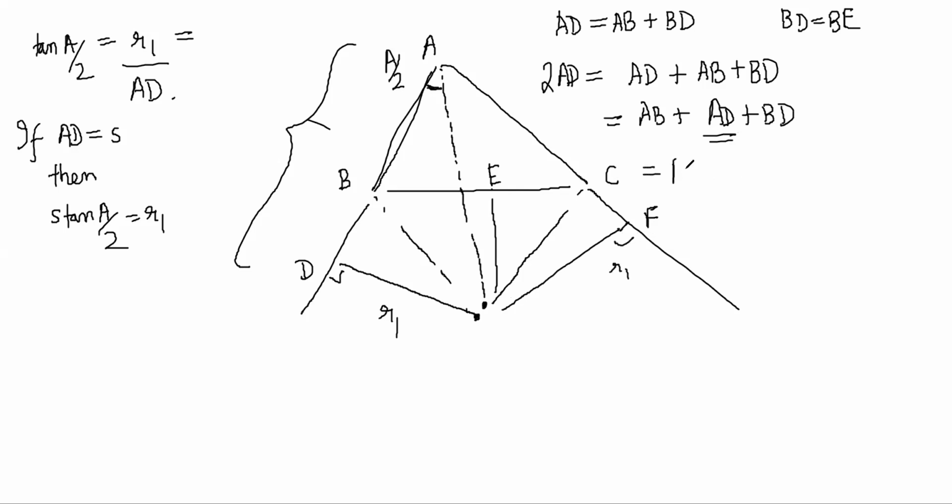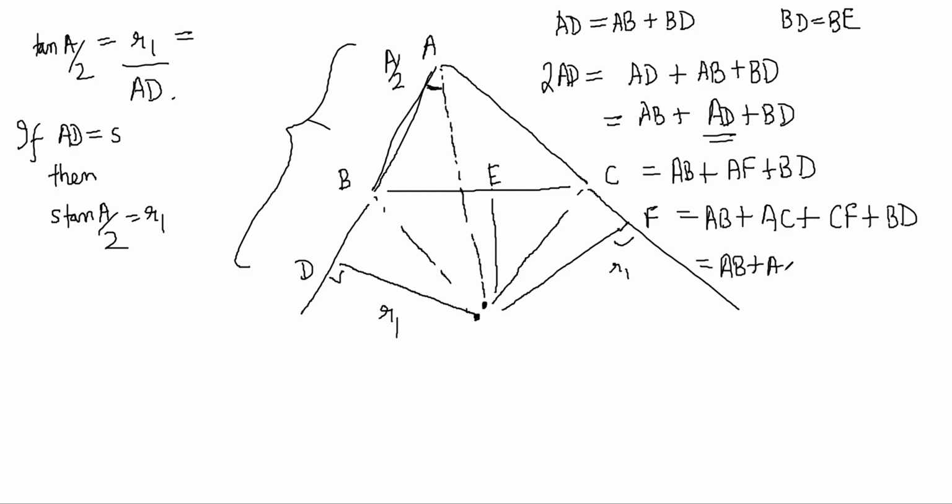So you can write it as AB plus AF plus BD, and AF can be written as AC plus CF, plus BD, right? Now you already have two sides, AB plus AC, and CF can be written as CE, plus BD, and BD can be written as BE, right? So CE plus BE becomes your BC.